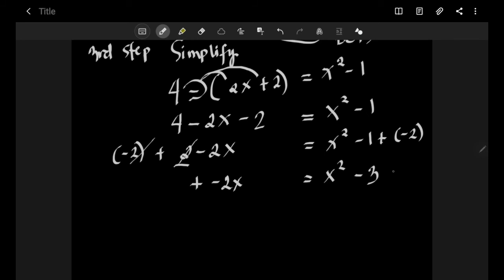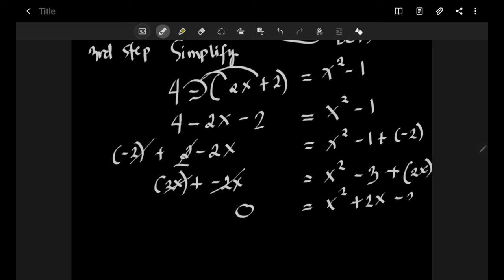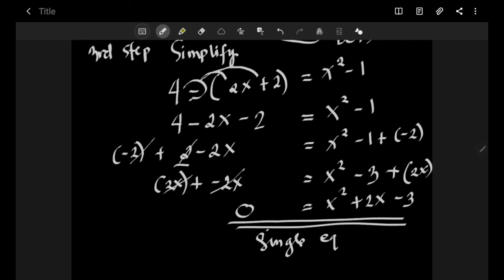So, again, add both sides, positive 2x, because positive 2x is the additive inverse of negative 2x. So, we have now 0 is equal to x squared plus 2x, arrange na natin, minus 3. So, na-simplify na natin siya as single equation.